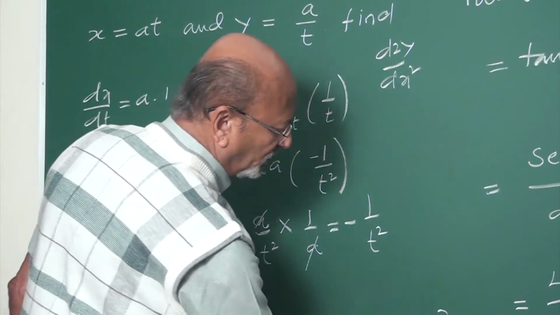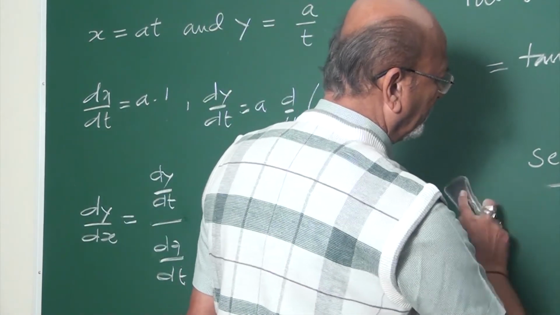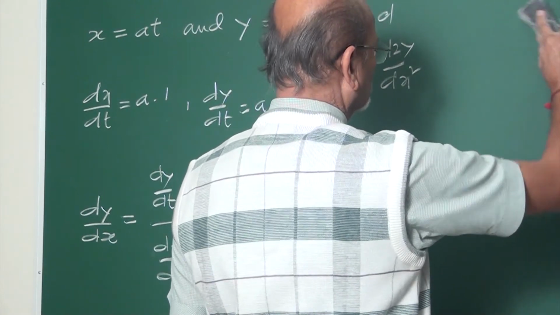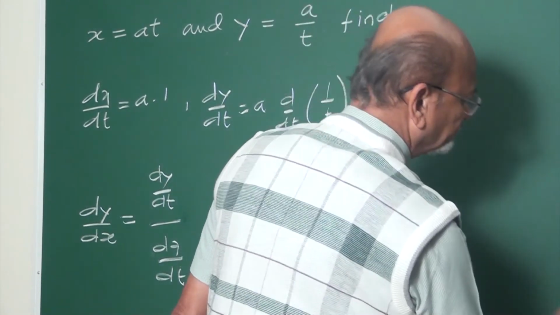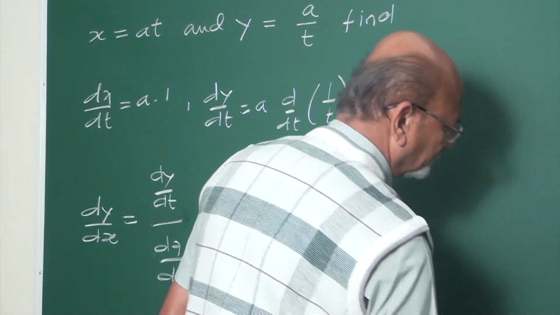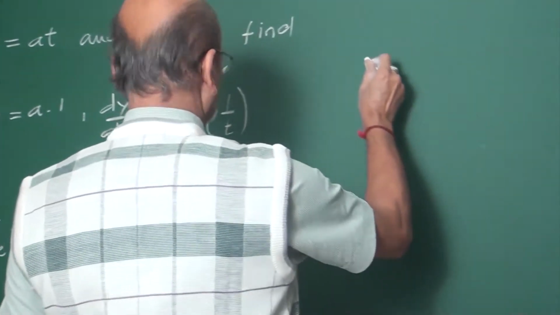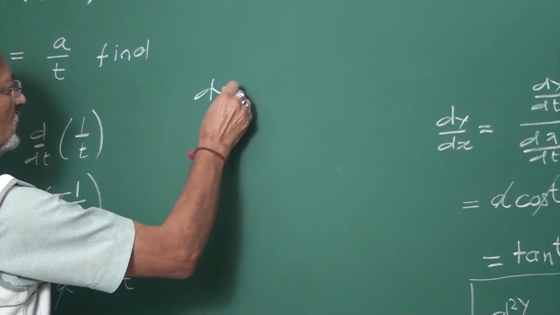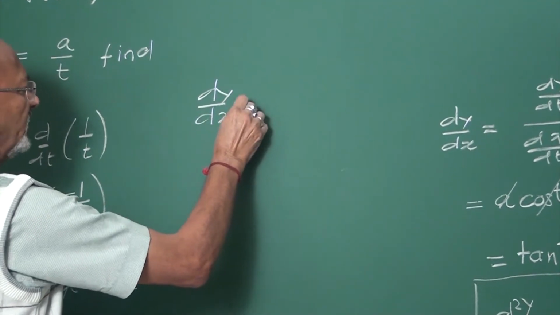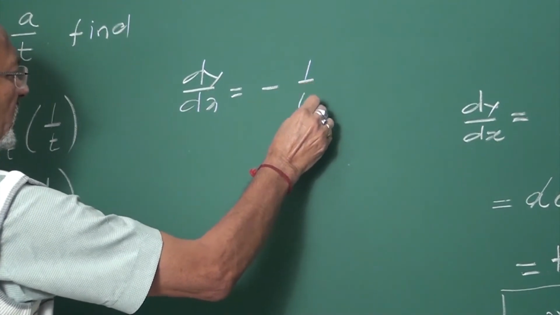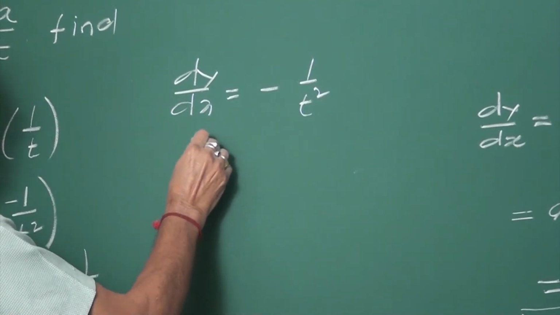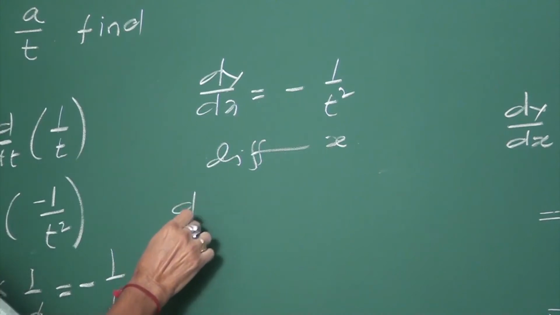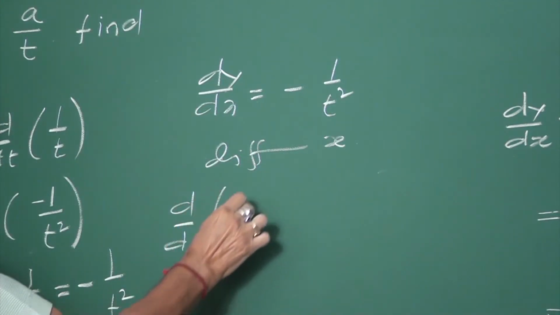Yes. You wanted to find its second derivative. Now, dy by dx is minus 1 by t square. Differentiate once again with respect to x. It is d by dx of what?